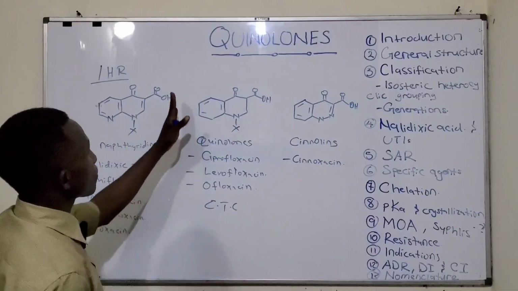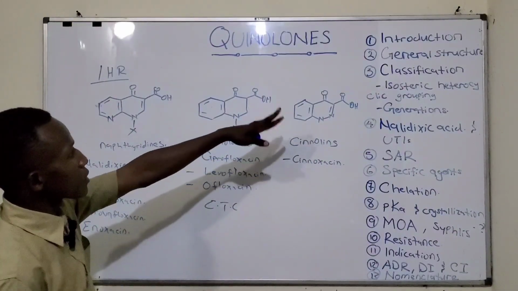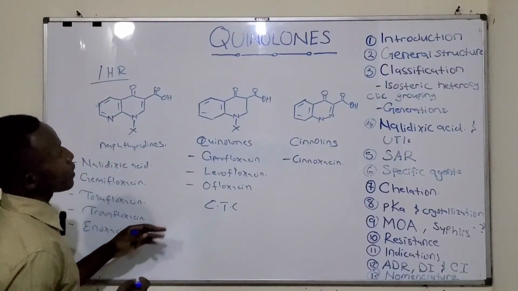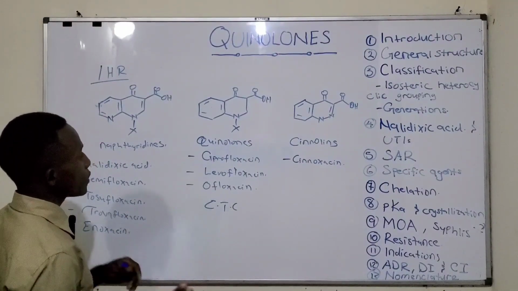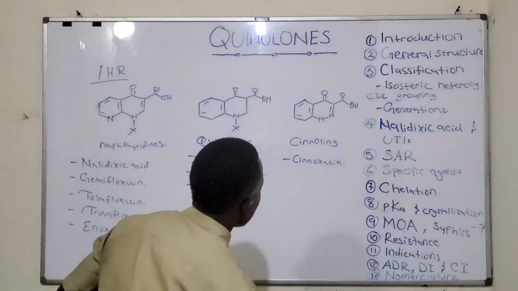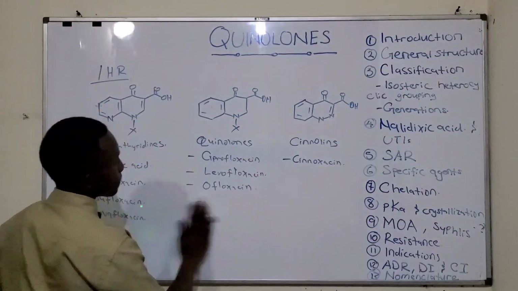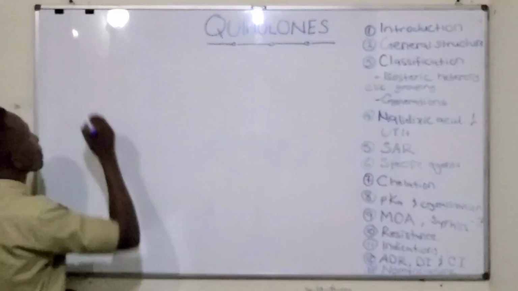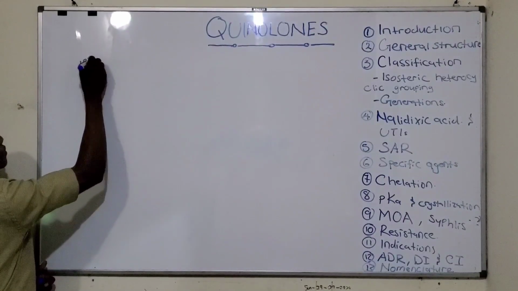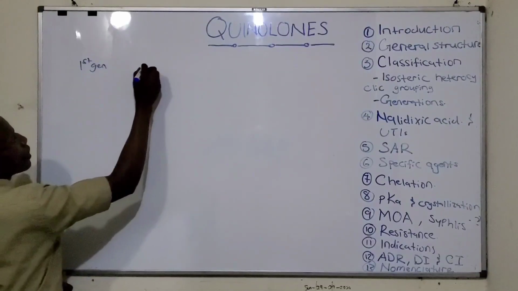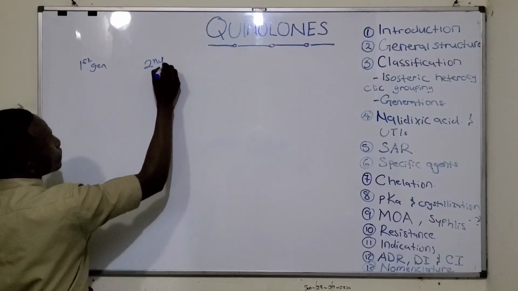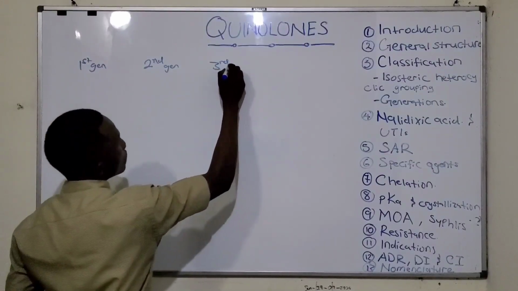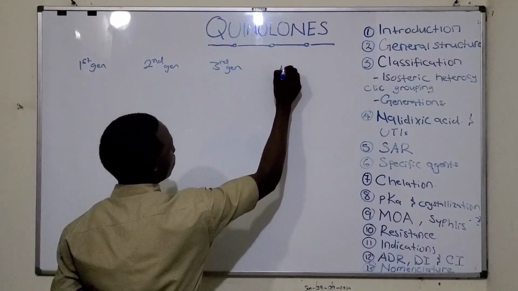You can classify them by this grouping, or we can classify them as first generation, second, third, and fourth.